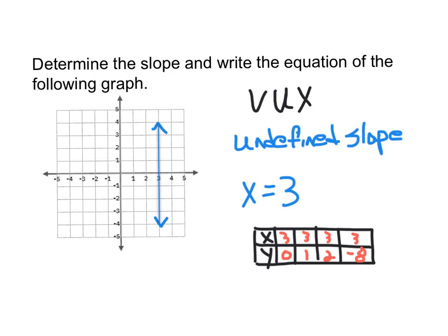I also want to point out on this one, when you're finding the change in y over the change in x, and you get a number for the change in y, but then you get 0 for the change in x, that's when we call this an undefined slope. And that's our quick look at zero and undefined slope.